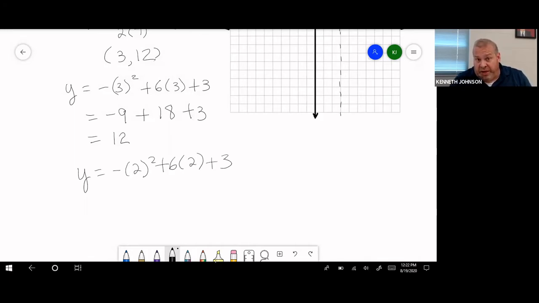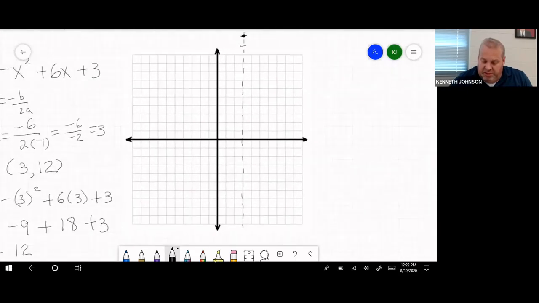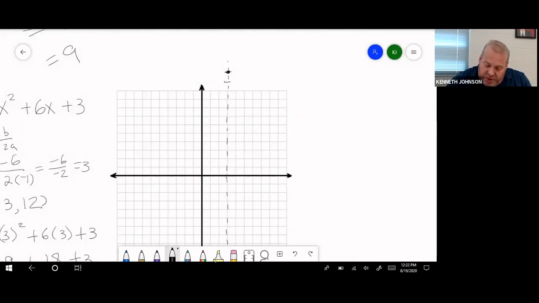You could plug in the 2, you could plug in the 4. You're going to get the same answer. So that's negative 4 plus 12 plus 3, and that looks like it equals 11. So at negative 2, or at 2, we get 11.